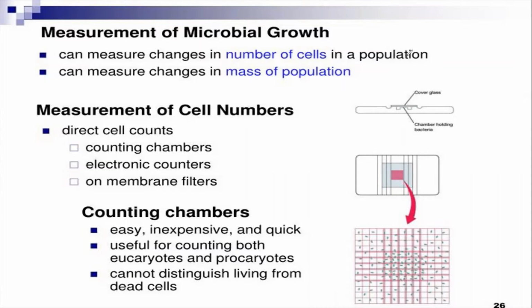And then we collected those back and then we used N1V1 equals N2V2 to figure out how many colony forming units are there.